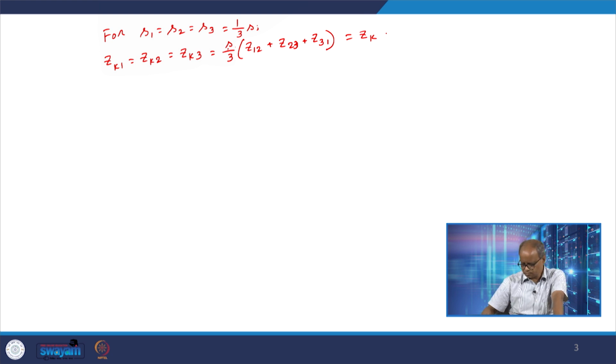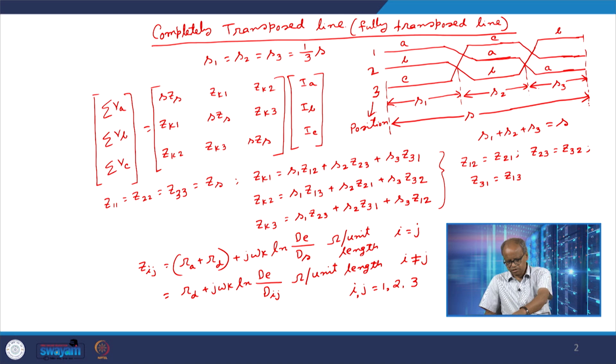Now, these relations we get by applying these relations here and also utilizing these expressions.